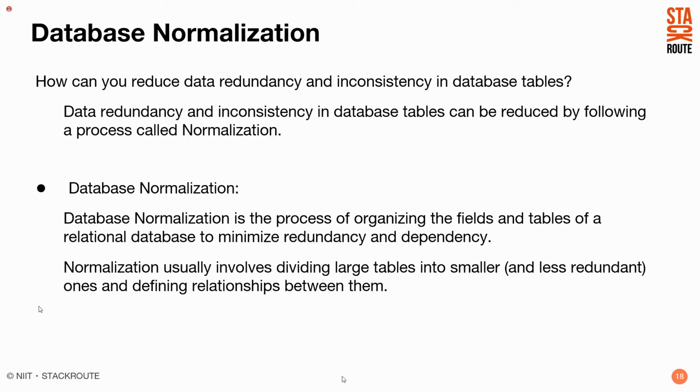Database normalization is a process of organizing the fields and tables of a relational database to minimize dependency and redundancy. Normalization involves dividing a larger table into smaller tables based on the rules which we want to exhibit and defining the relations between them.